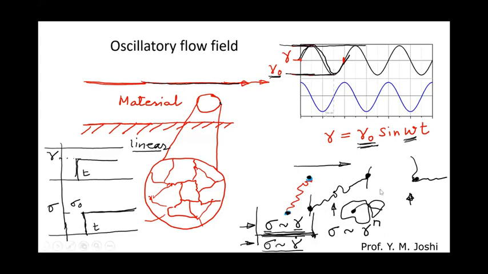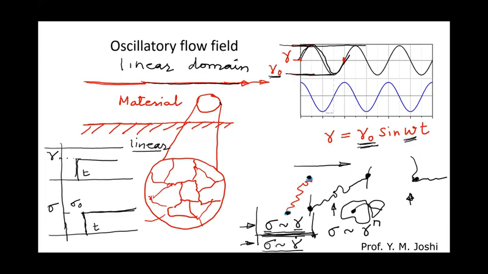But here is a domain which we call the linear domain, wherein rheological properties of the material are independent of applied strain. All right. And there comes the importance of application of the oscillatory flow field. So we are going to discuss oscillatory flow field for a few more video lectures.